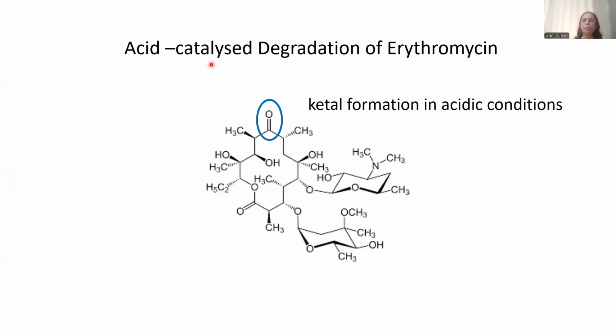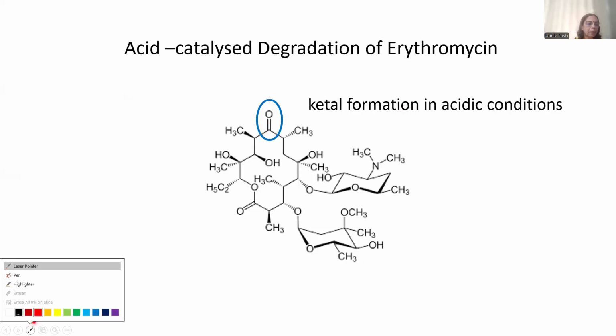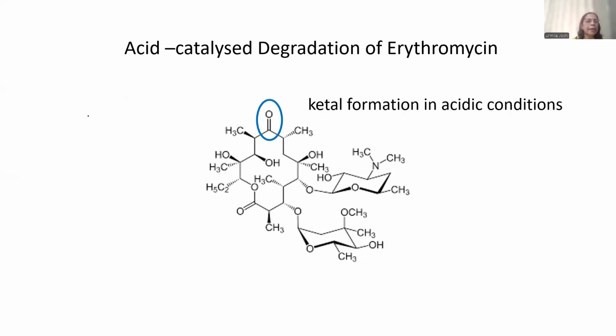Now, coming to degradation of erythromycin. This is a ketone which is amenable to acid catalyzed degradation. This is an ester, but this is a ketone which gets converted to a ketal. Now have a look at how a ketal is.